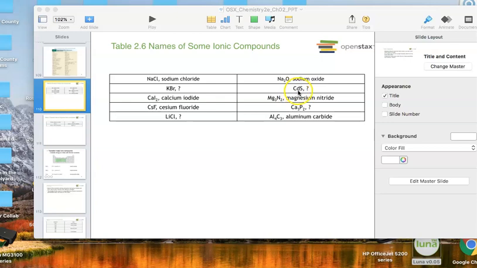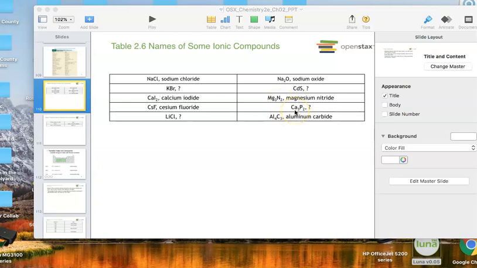CdS, so Cd is cadmium. S is sulfur. Sulfur becomes sulfide. This is cadmium sulfide. Mg3N2. Mg is magnesium. N is nitrogen. Nitrogen becomes nitride. So this is called magnesium nitride. Ca3P2.